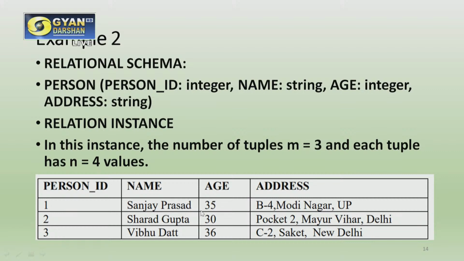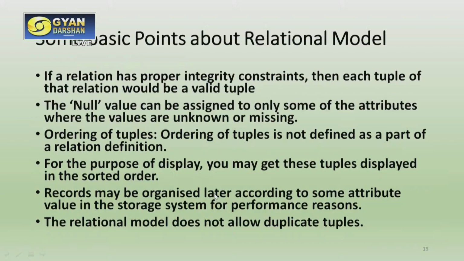Suppose I want to order the tuples in the order of age, then person ID 2 will appear first, followed by person ID 1, followed by person ID 3. So this is allowed in a relation. So in a relation, ordering of tuples does not matter. That is what it means that ordering of tuples is not defined as part of a relational definition.